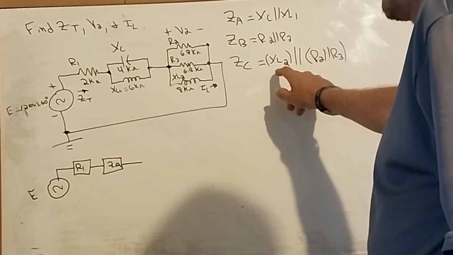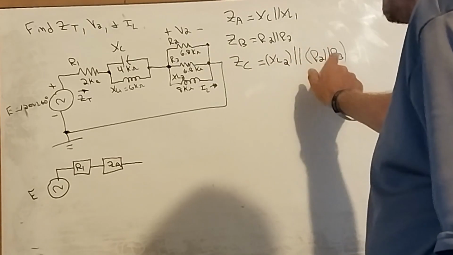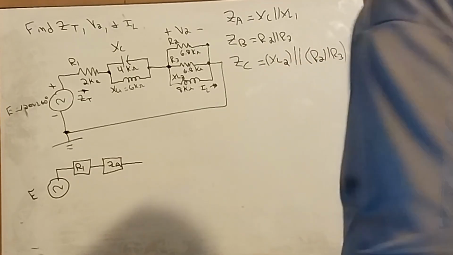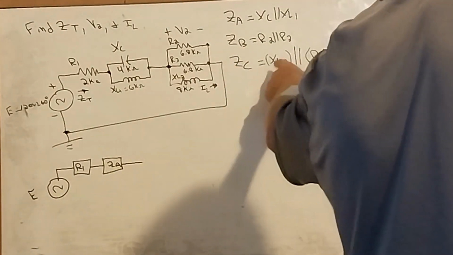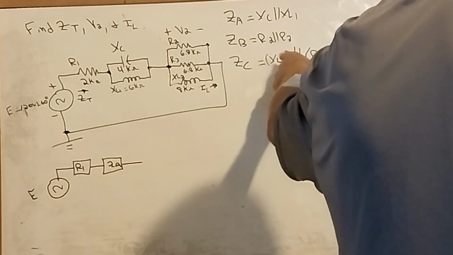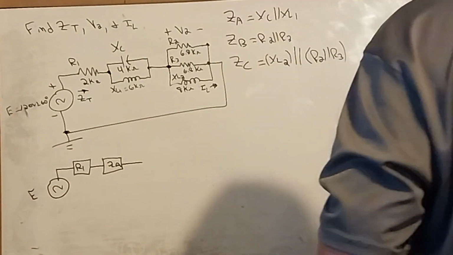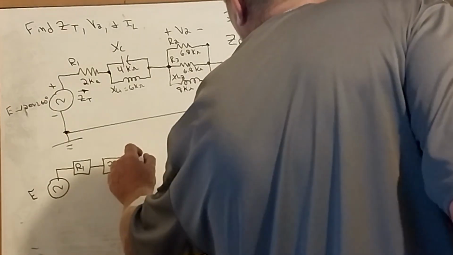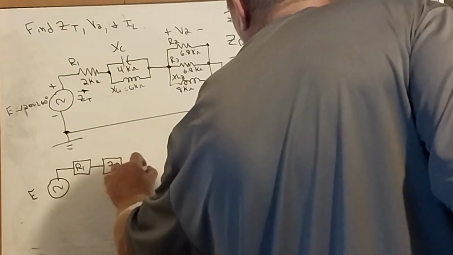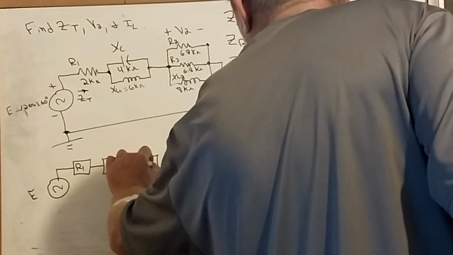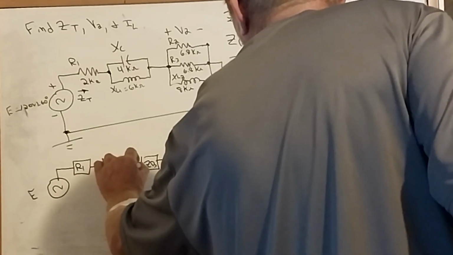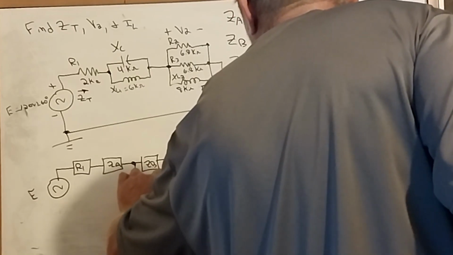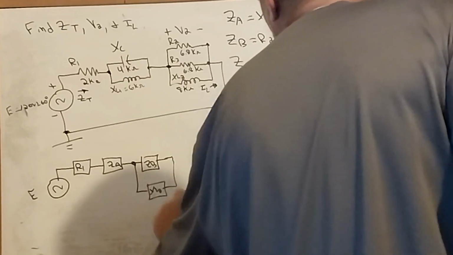And then we get R2 X of L2, R3 X of L2, plus R2 X of L2. I'm not going to go through all that math right here. I'm just going to show that this is Z sub E, and it's in parallel with X of L2. Better if I just do the algebra and show you as I'm doing it.